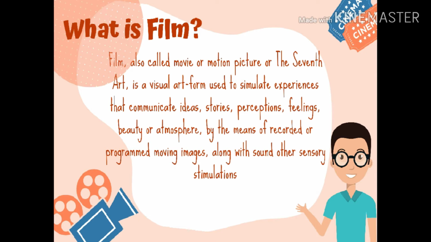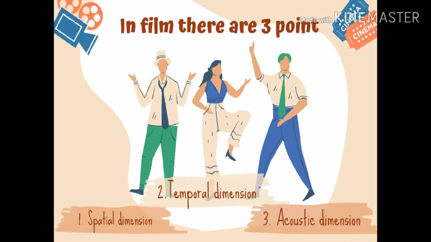In film, there are three elements. The first is spatial dimension, the second temporal dimension, and the third acoustic dimension. In the spatial dimension, there are film stock, lighting, camera angle, camera movement, point of view, editing, and montage.